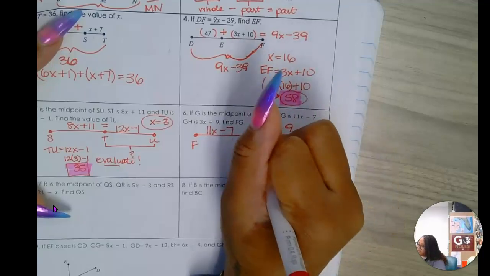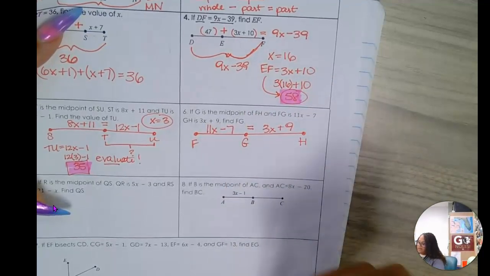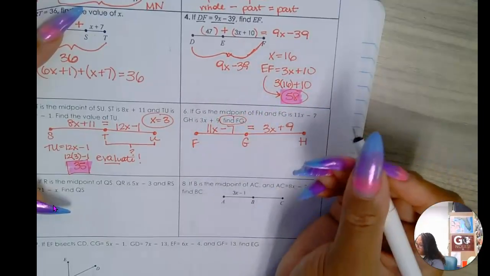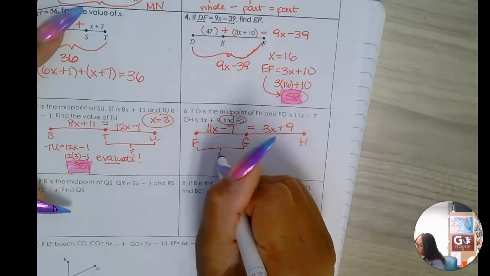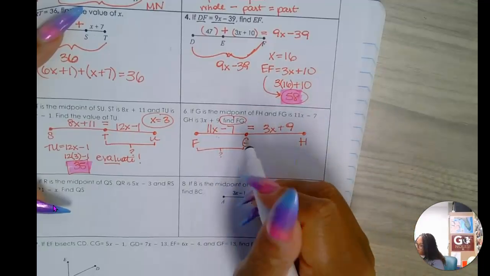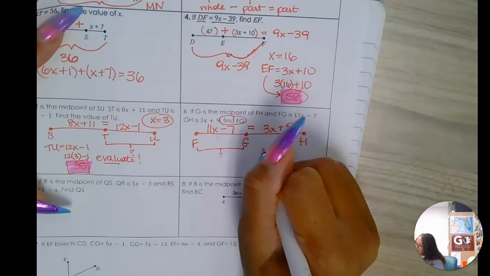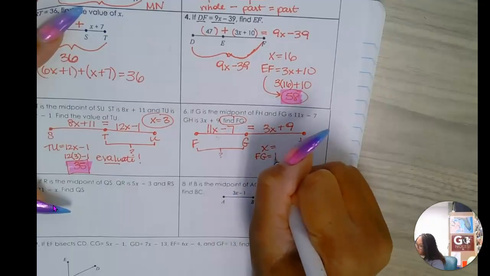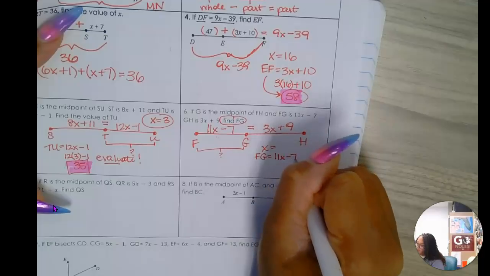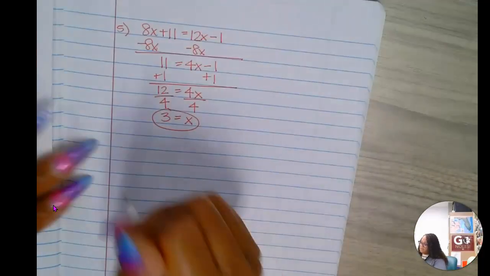Because this is the middle, the left side equals the right side, and then I need to find FG, which is this side. So now I'm going to write my equation, find x, and then plug it in for FG, which would be 11x minus 7. Let's go and find x.